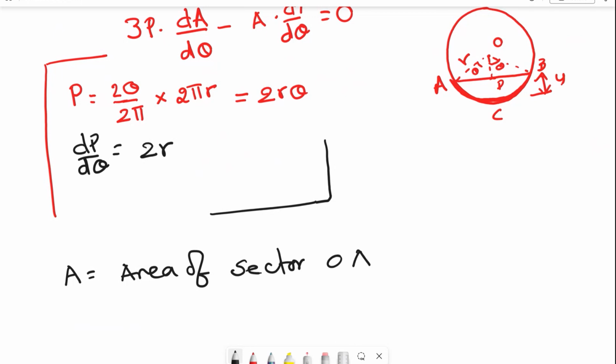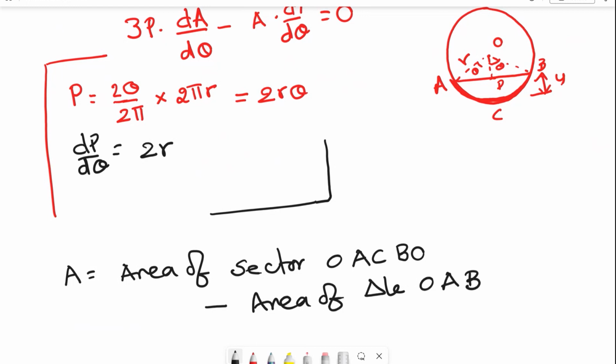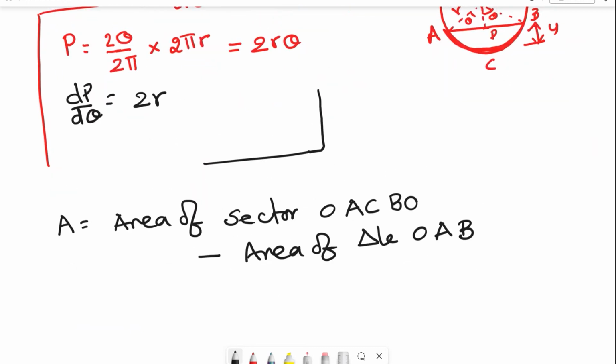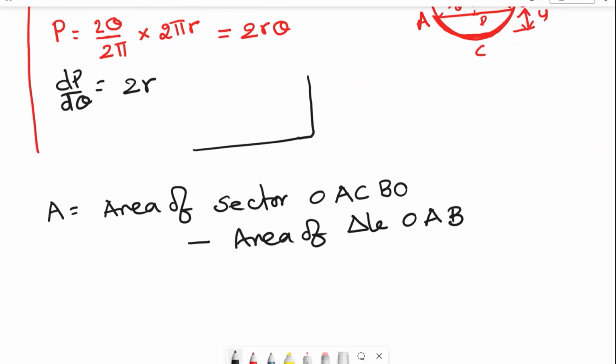OACBO minus area of triangle OAB. So if that is the case, what is the formula for the area that we can write?